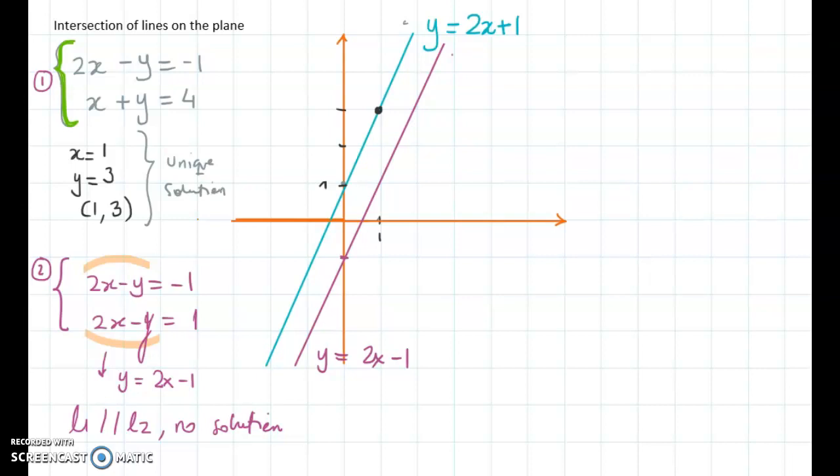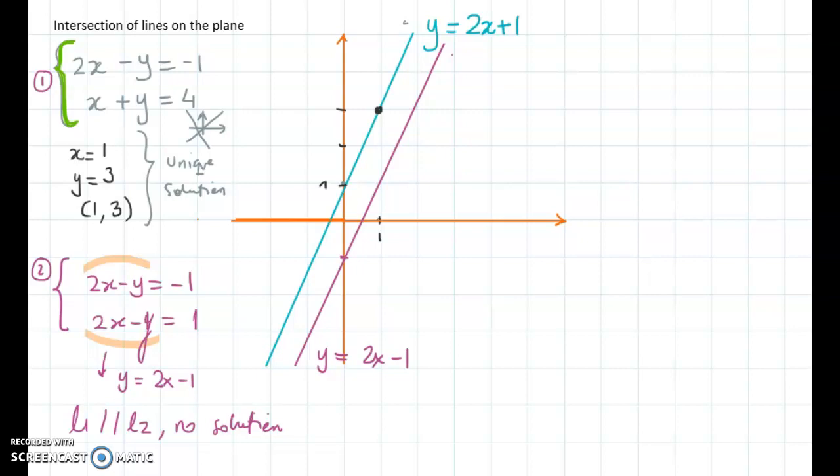So in the first case, I'll add the picture very small here. We had a sketch where we had two lines that intersect, and we found the solution as a point of intersection. On the second one, the lines are parallel, so there is no solution because the lines do not intersect.